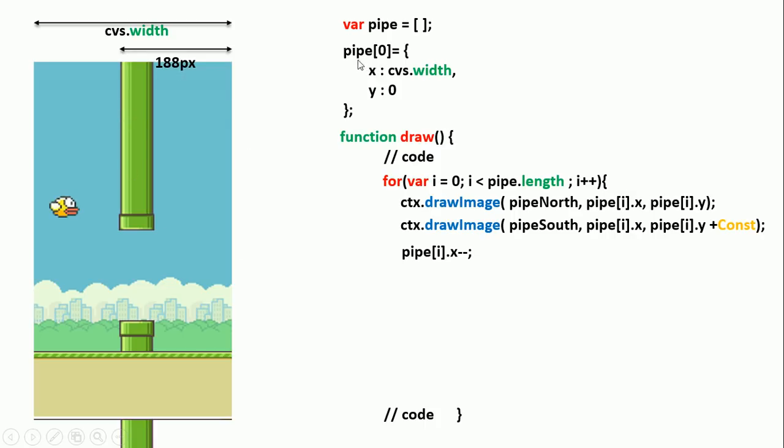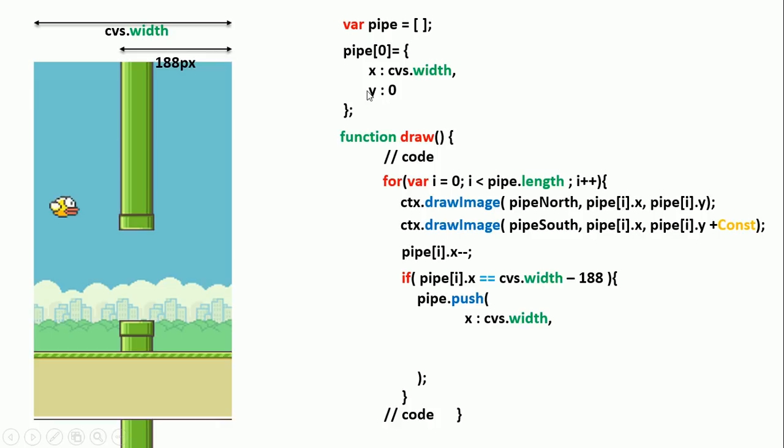to our pipe array. So we will say if pipe[i].x equals canvas.width minus 188, meaning when our pipe reaches this place, we have to push new coordinates to our pipe. Again we will say x is canvas.width, so we'll create our pipe just right here, and then we have to set a new Y position.